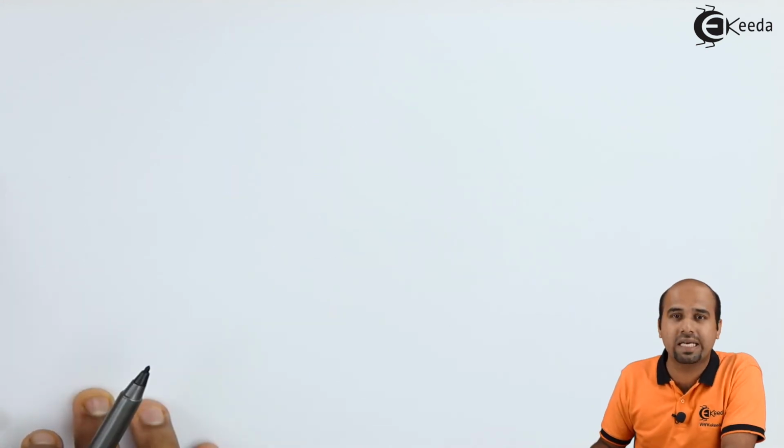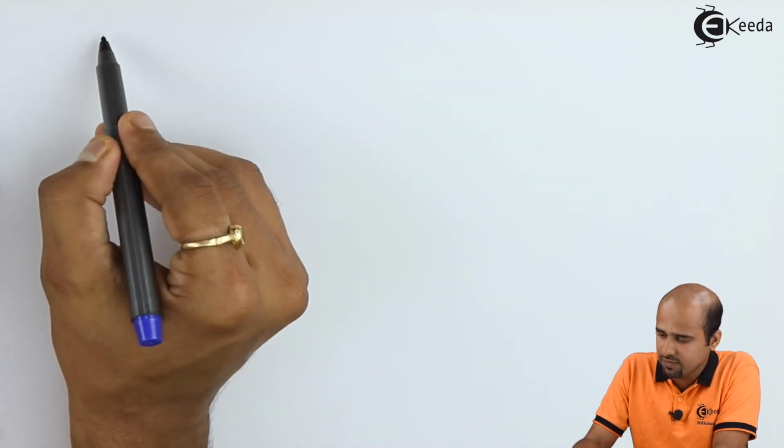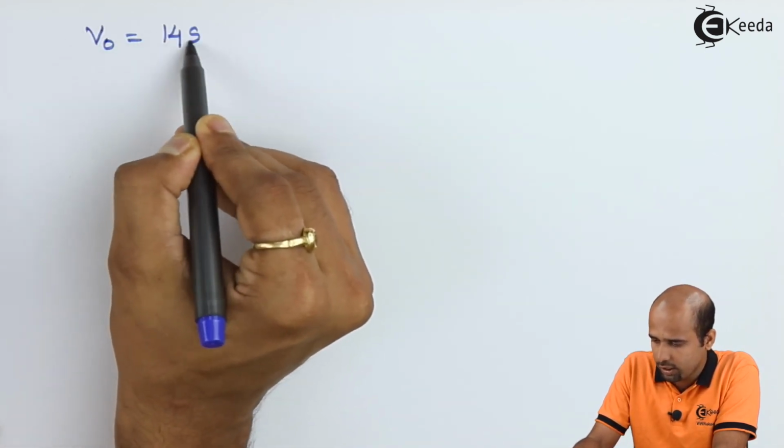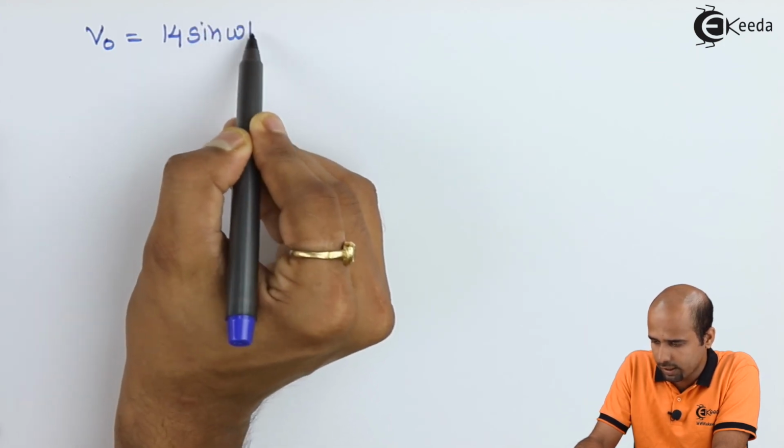So your practical answer should be 14 sin omega t, because your value will not reach beyond 14 volts. Peak value will not reach beyond 14 volts, and that is why we will be getting the value VO equal to 14 sin of omega t.